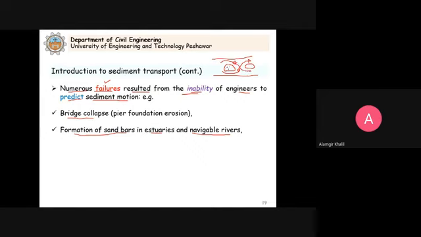But these small islands which you can see form, I will also show you some pictures. These are sand bars. Then destruction of banks and levees, which I already explained. So you can see that these failures resulted because, in the design of these structures, engineers did not have sufficient knowledge to predict the sediment motion.